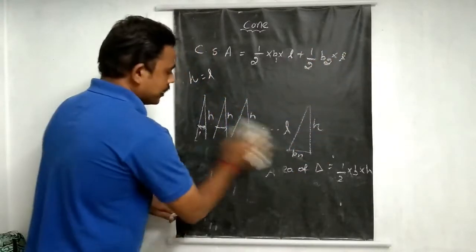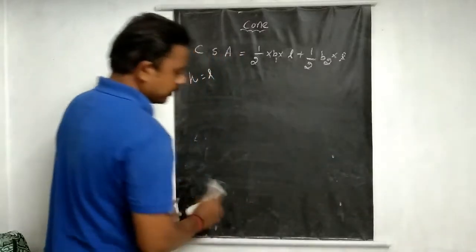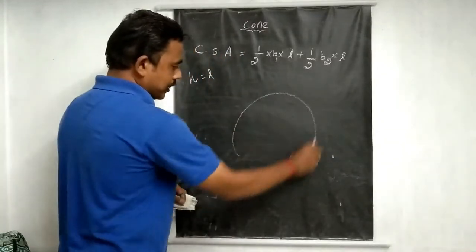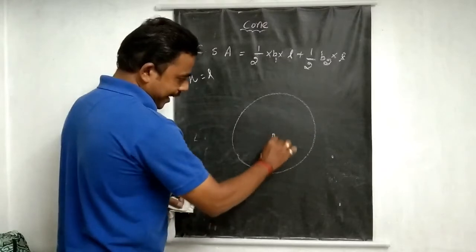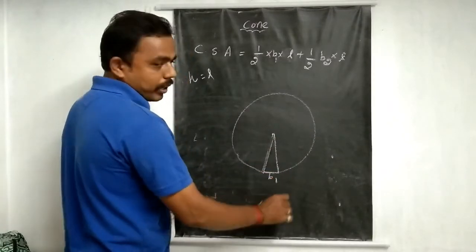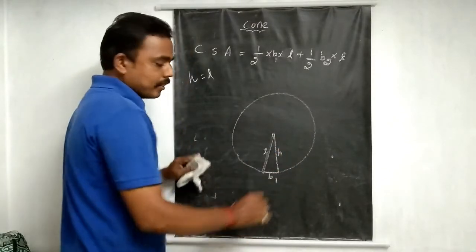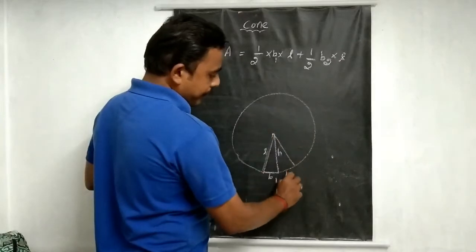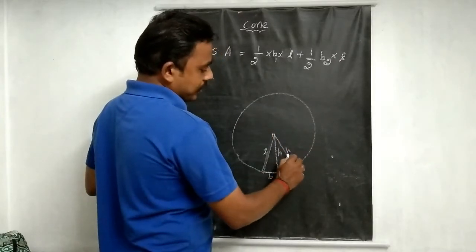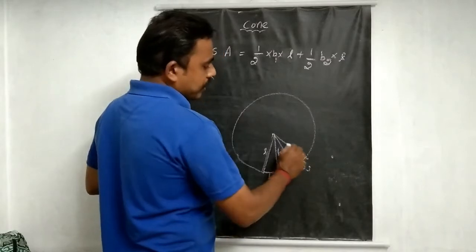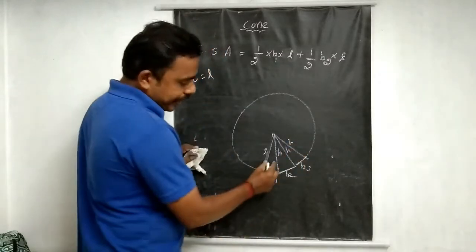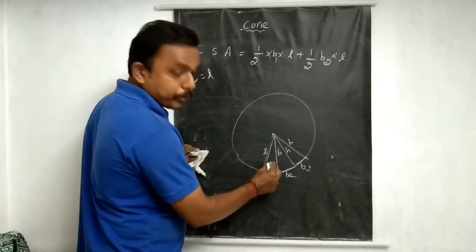So nothing but look like a circle. Suppose this is one triangle. This is base 1, height, slant height. Similarly base 2, height. Base 3, this distance. Then height. Now I am going to reduce the space.